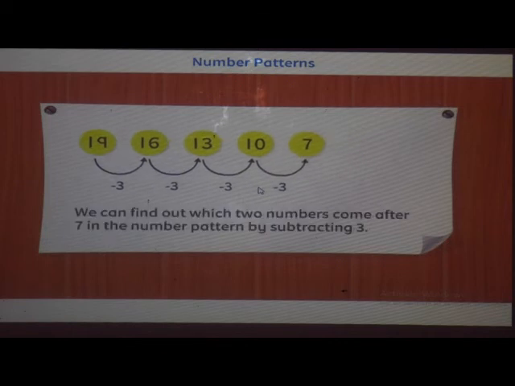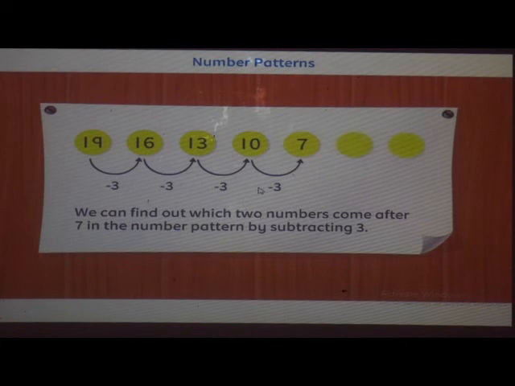We can find out which two numbers come after 7 in the number pattern by subtracting 3. 7 minus 3 is 4. So, the next number in the pattern is 4. 4 minus 3 is 1. So, the next number in the pattern is 1.